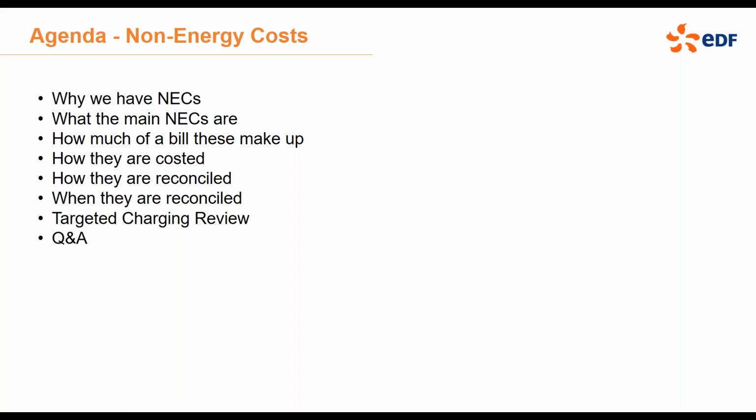Then when they appear on your bills, and then just to wrap up, as an associated part of non-energy costs, the targeted charging review and what changes that's made to the presentation of some of your non-energy costs, most specifically transmission and distribution, but also a little bit on BSUoS as well. At the end of that, we've got some question and answer time, just to go through anything that arises from the call.